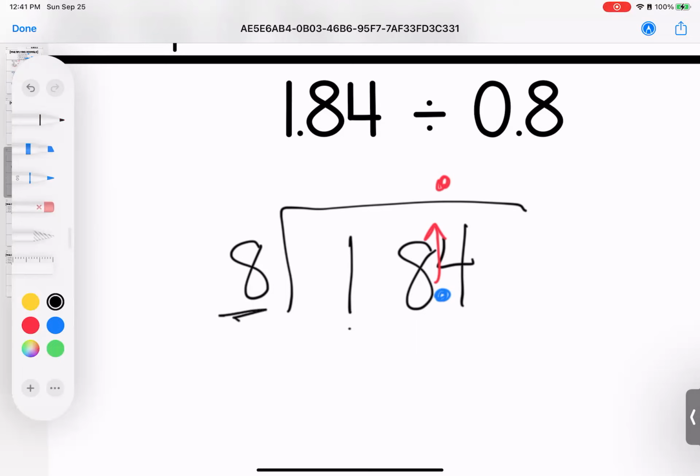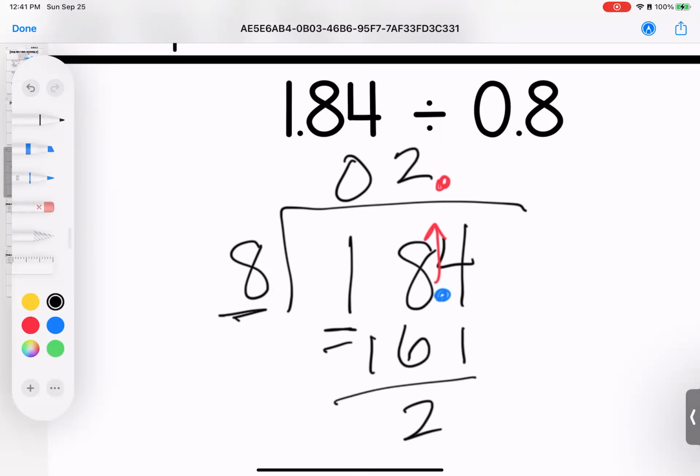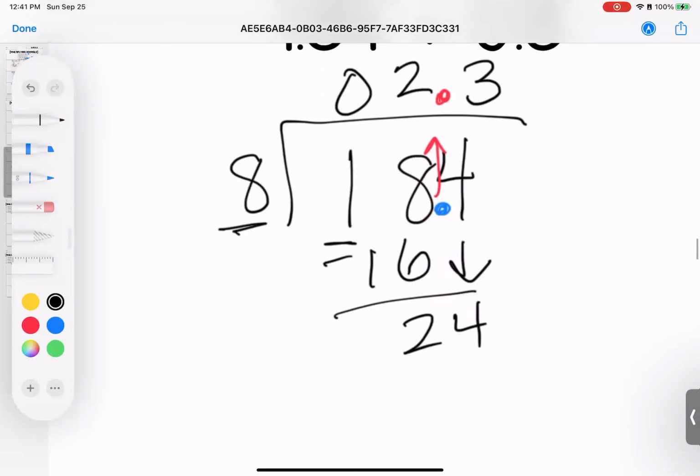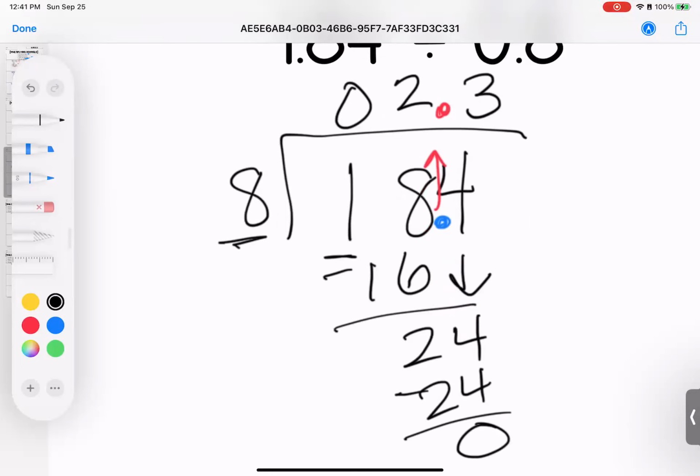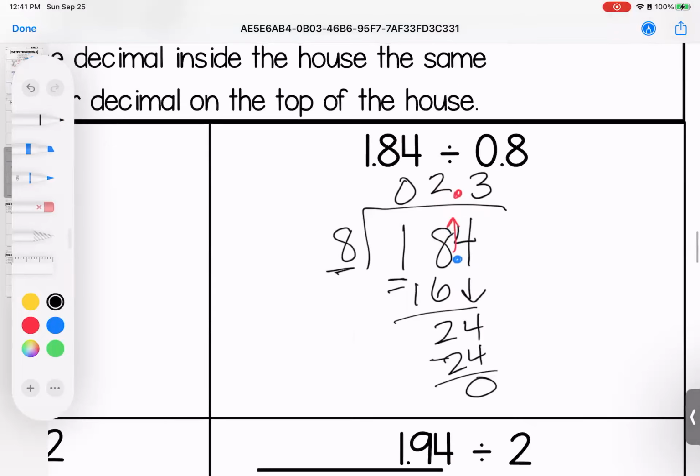So does 8 go into 1? No. Put the 0. I know it seems funny, but keep yourself lined up. 8 goes into 18 2 times, which gives us 16. Subtract for 2, bring down our 4. 8 goes into 24 3 times. Leaves us with 0. This is 2 and 3 tenths for our answer.